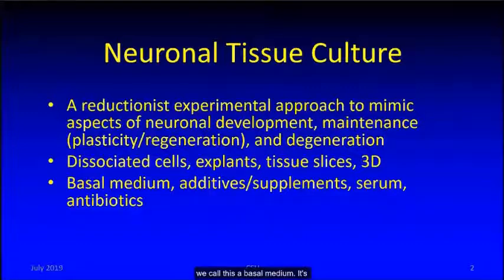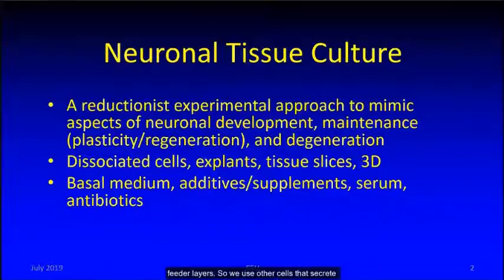We call this a basal medium. It's like a Gatorade. Glucose, sodium, calcium, vitamins, amino acids, whatever is really important for metabolism. Then you have additives or supplements that could be specific growth factors, other goodies. Sometimes we don't know those in particular.